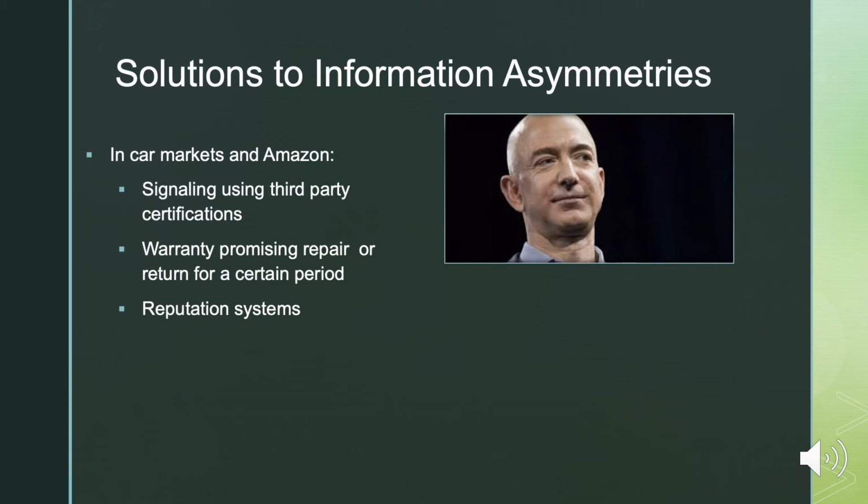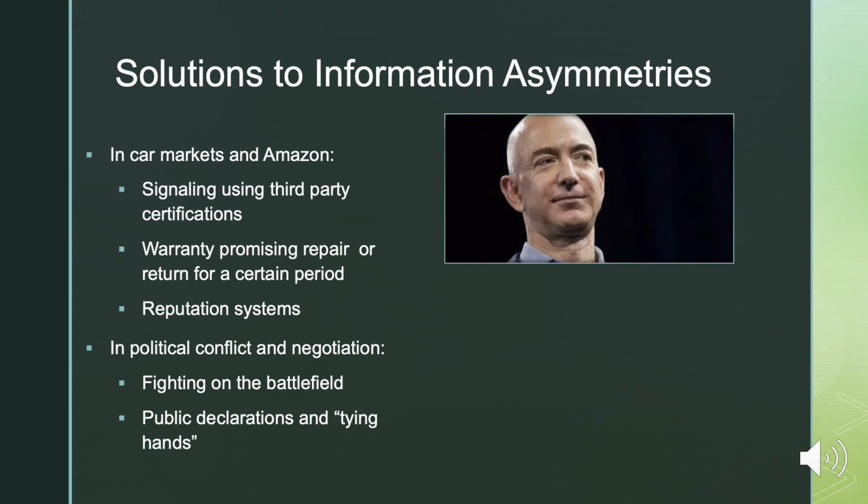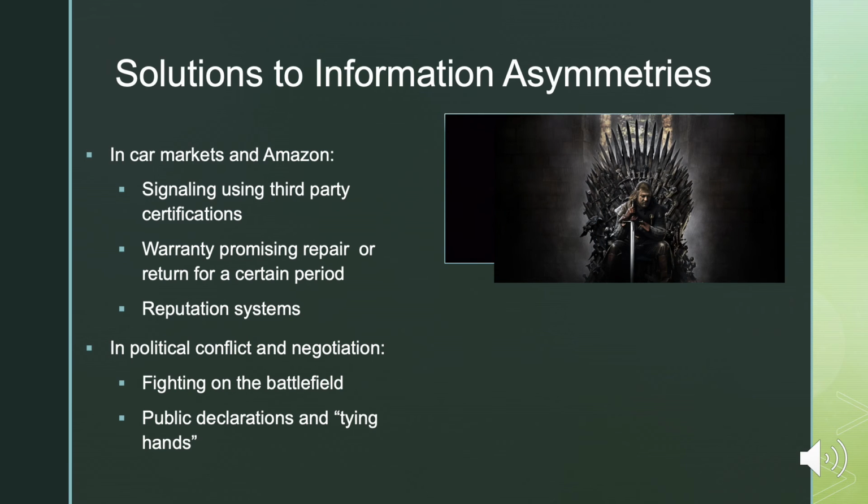We see information asymmetries affecting the markets for goods, but what about something that is completely dissimilar, like international conflict? In conflict, a war is the result of information asymmetries. Both warring factions believe they are stronger than the other, and when the two groups fight, the relative strength of each other is revealed, addressing the information asymmetry.